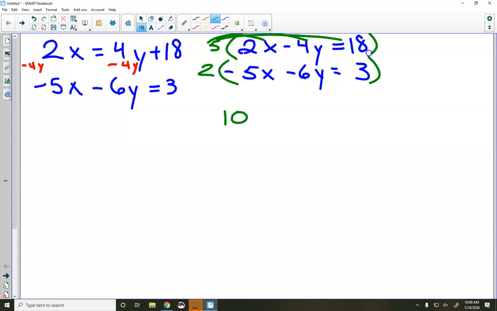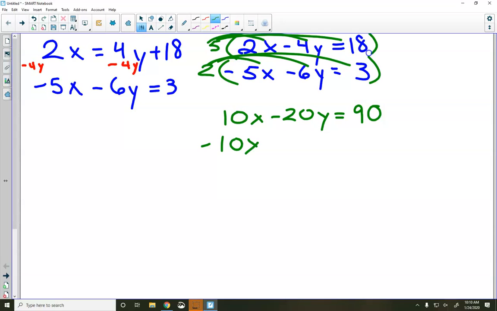So I'm going to put 10x minus 20y equals 5 times 18, 90. Good. All right, I'm going to distribute. I'm going to get negative 10x plus 12y equals 6.